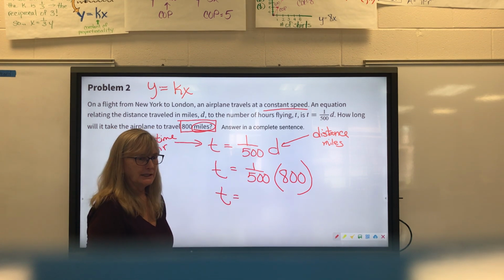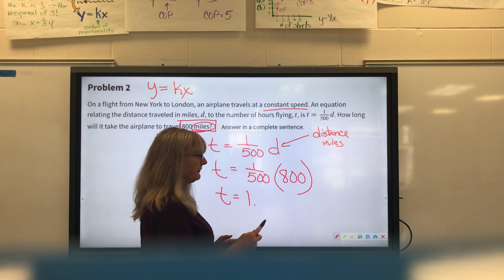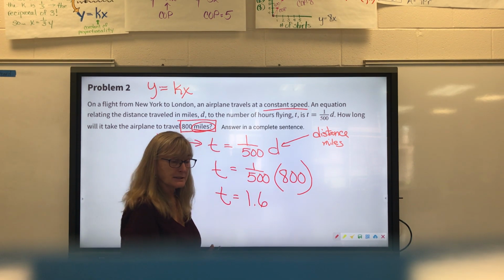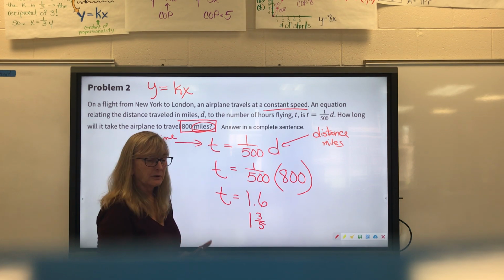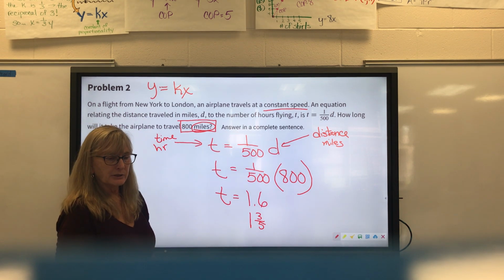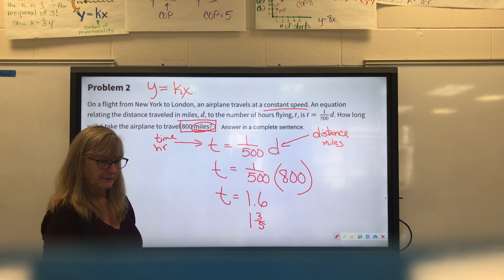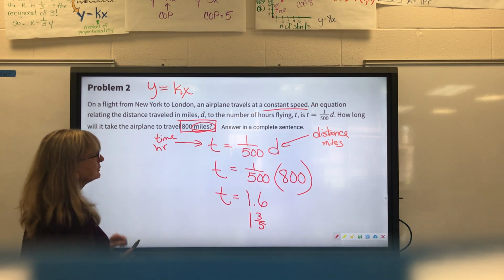So what is t? 1 3/5. Okay, and we could write it as 1 3/5 or we could write it as a decimal. Either way works. Now, you got an answer for t, but you always have to answer in a complete sentence for me. Okay? They asked us to find how long.